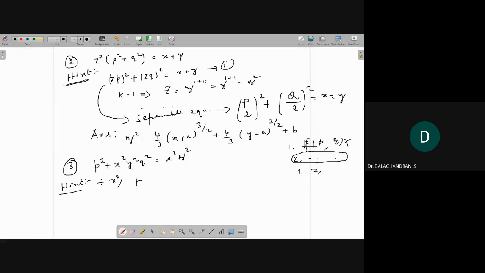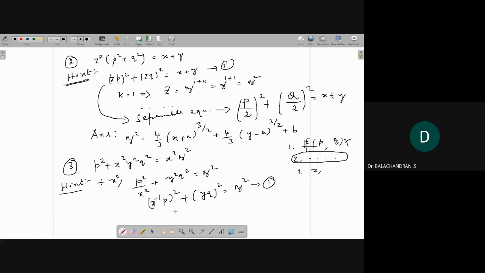So p square by x square plus y square q square equal to z square. Now you can write this as (x inverse p) whole square plus (yq) whole square equal to z square. So this is equation 1.